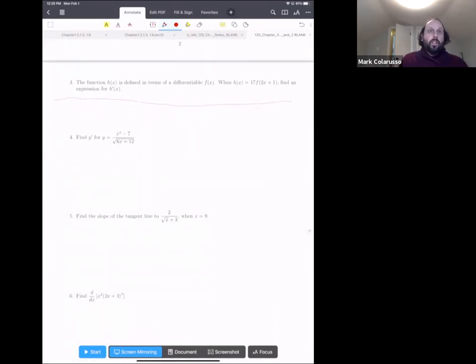So I'm going to do examples 4, 5, and 6 now, which combine the chain rule with other derivative rules that we've learned, namely the product rule and the quotient rule. I'll start with number 4, then I'll do number 6, and then we'll talk about number 5 at the end. There are 2 ways to skin the cat there, and you can pick which one you like the best.